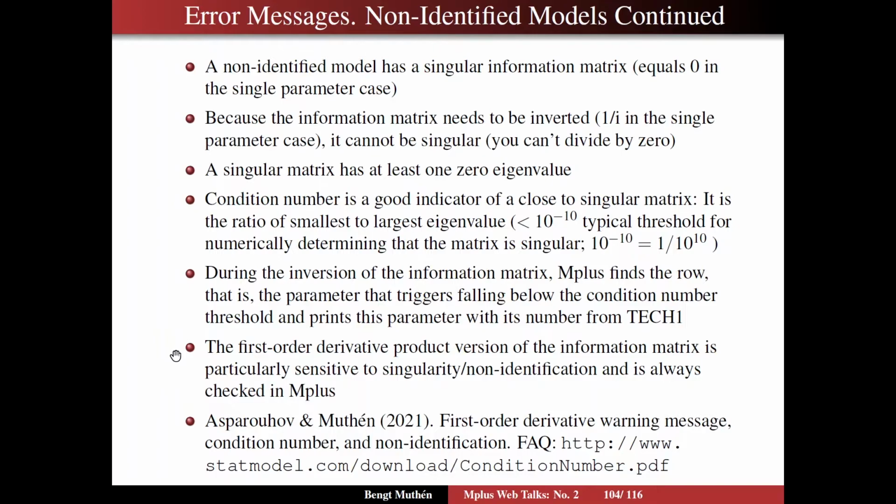We talked about 3 ways of estimating the information matrix, and one is the first order derivative product version, and that's a particularly sensitive one, able to pick up singularity and non-identification very easily, and it's always checked in Mplus, even if you ask for MLR. All of this is described in the FAQ that we have updated recently.